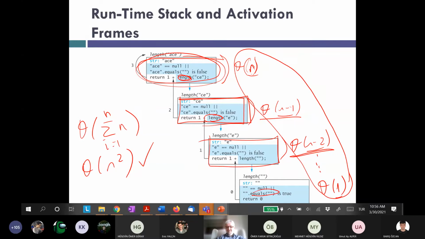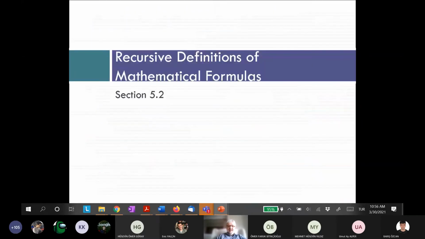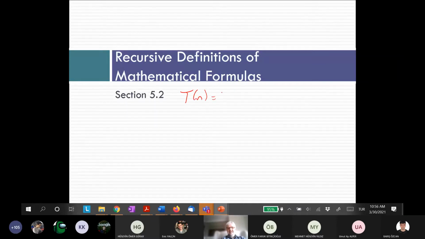This is one way to do it. Another way to do it is we know that T(n) is T(n minus 1) plus theta n, right? What about T(n minus 1)? We know that T(n minus 1) is T(n minus 2) plus theta n minus 1, right?